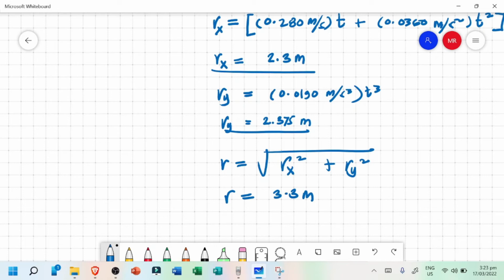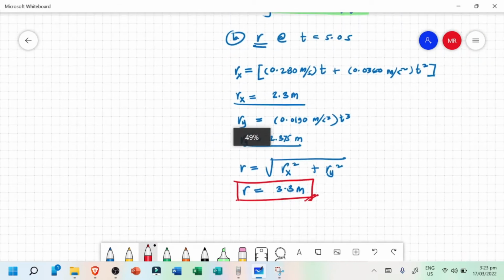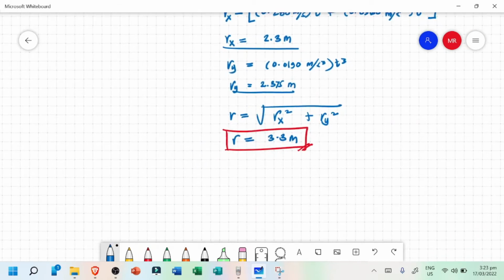So this is now the position. But for the third requirement, we need to get the velocity at time 5 seconds.